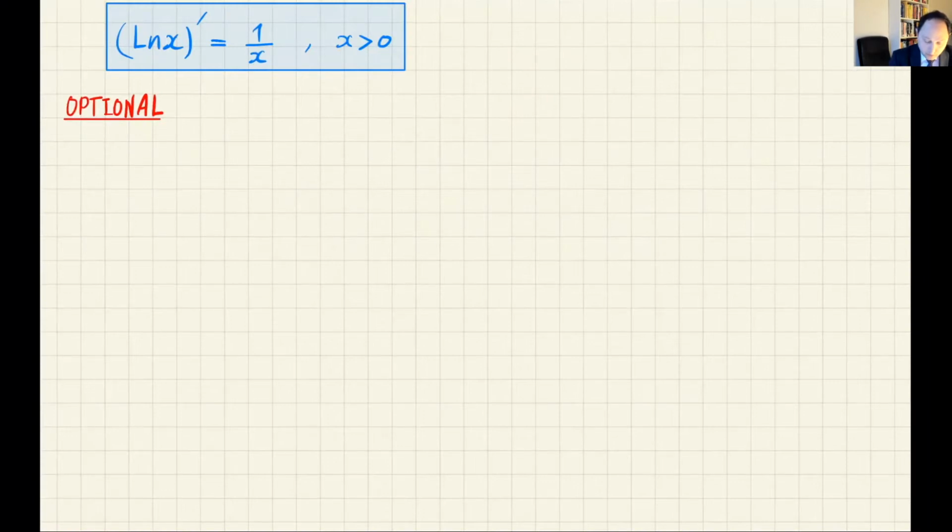So if we want to do that, we need a theorem. This is a change of base theorem for logarithm.